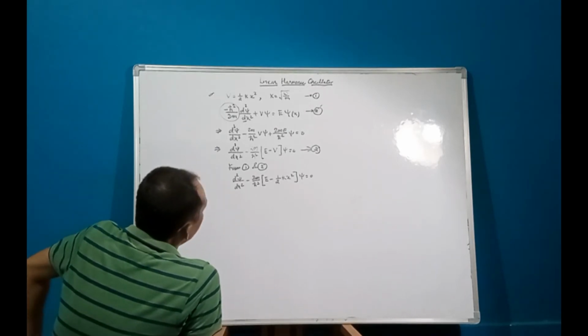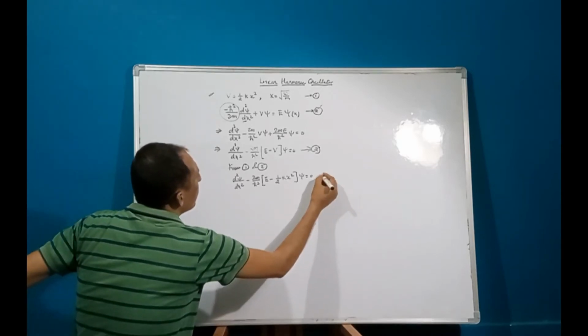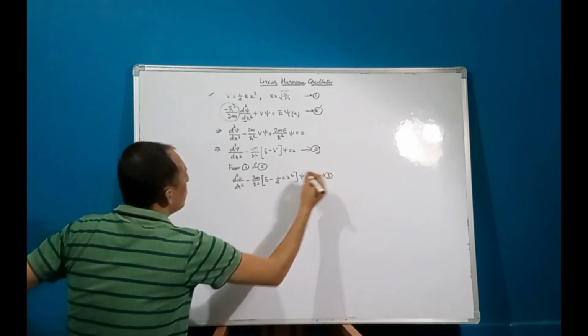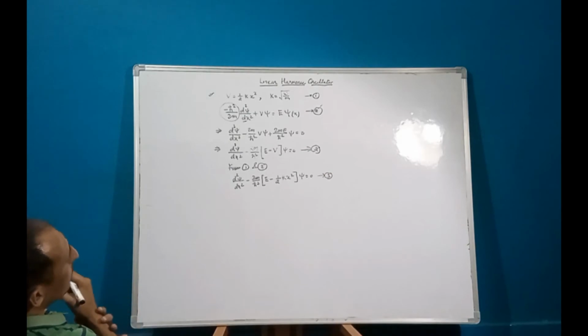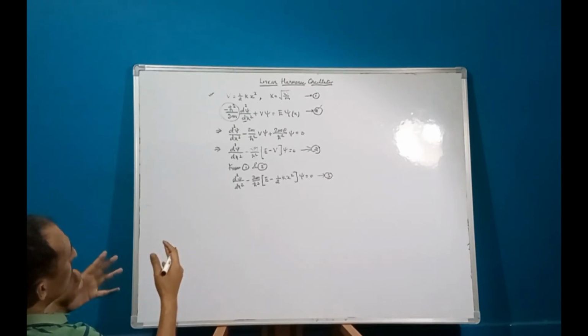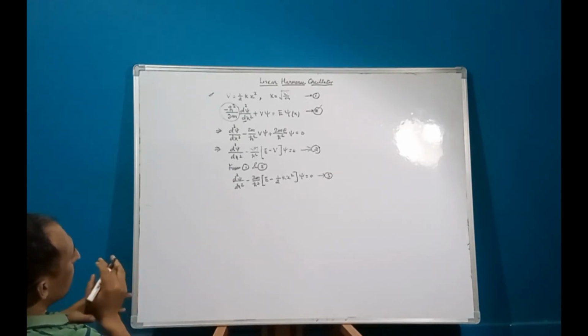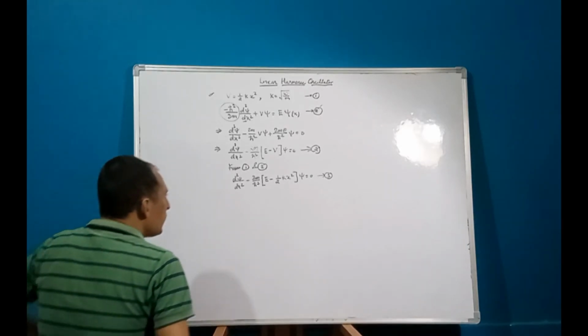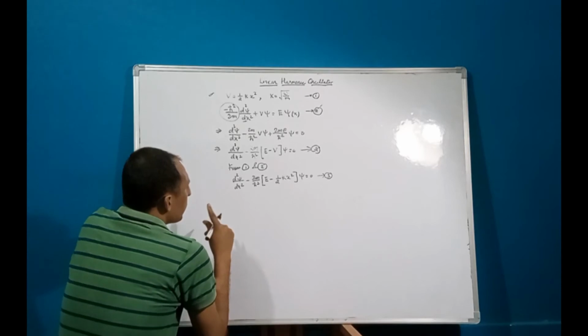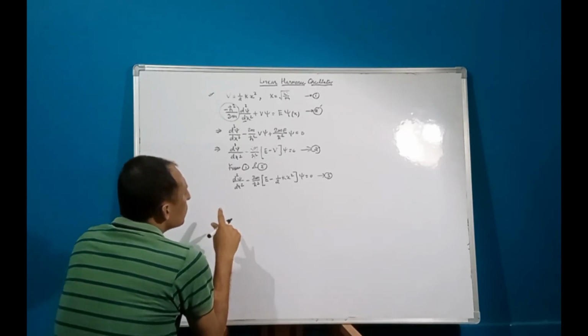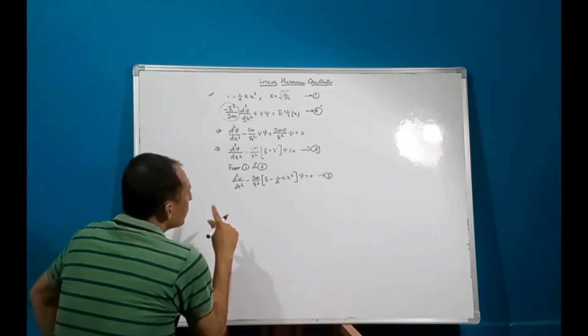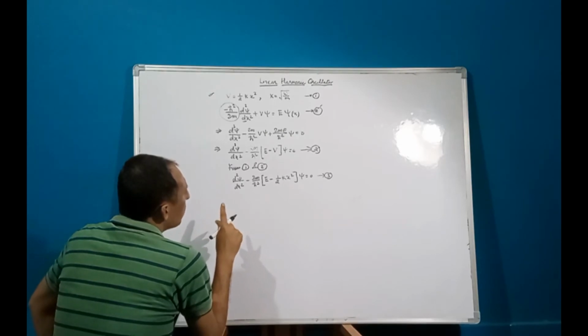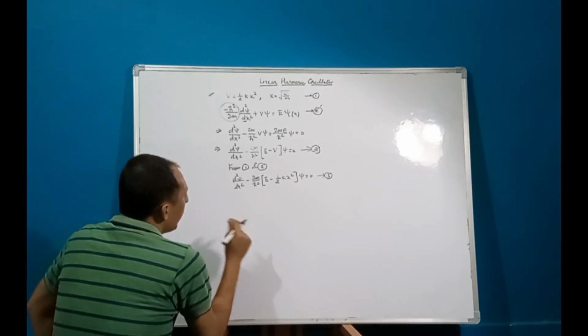Now to solve this equation, let's say that this equation is 3. This equation is a differential equation, and it is difficult to solve directly. So in that case, what we are going to do is consider a few of those terms as something else.